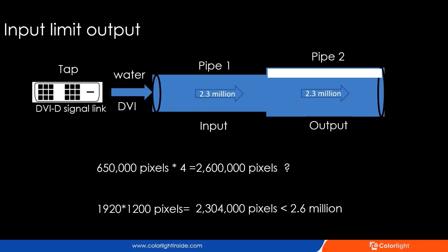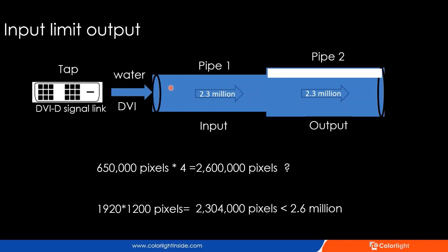You may have the question: why is the capacity of 2 output ports 1.3 million pixels, and the X4 with 4 output ports 2.3 million pixels, but not 2.6 million? Let's see these pictures. Think of the DVI signal interface as a tap and water pipe 1. The water comes from here.